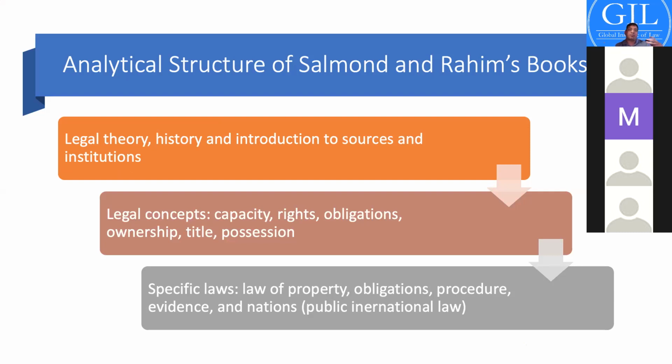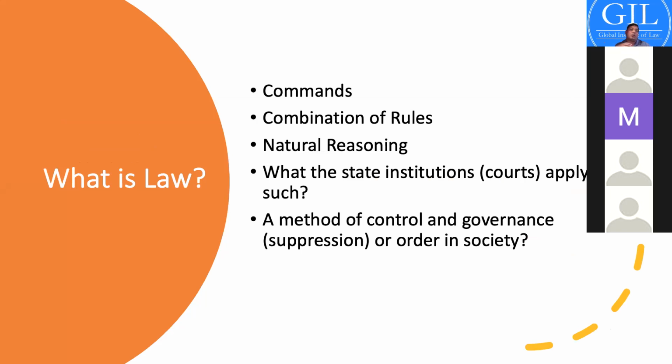Now, if you want to conceptualize jurisprudence generally, the main debates could be understood in the context of, or as an answer to, this one question: what is law? For Austin, it's commands of the sovereign backed by sanctions. For Hart, it's a combination of primary and secondary rules.